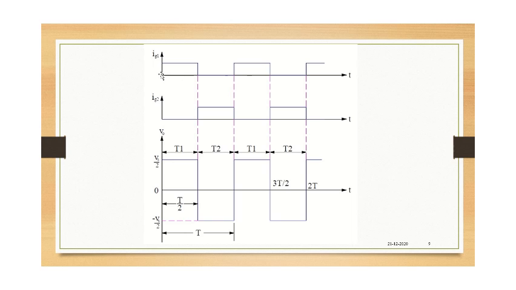For 0 to T by 2 the first device T1 is conducting, and T2 is conducting for the next time slot, T by 2 to T.